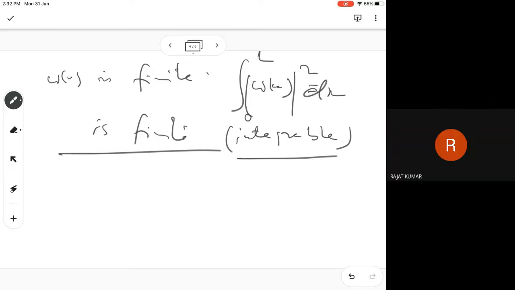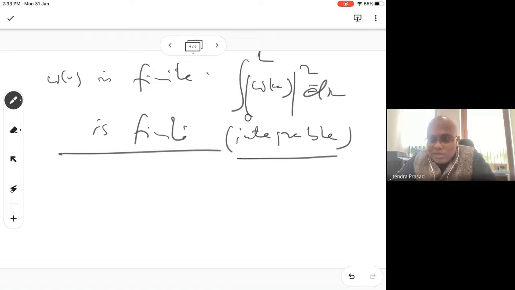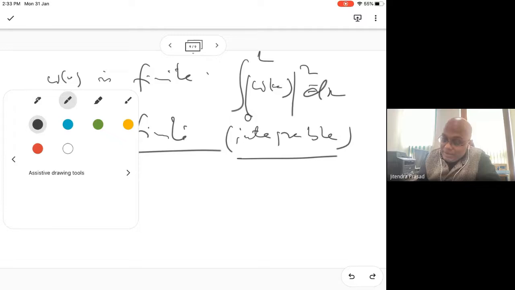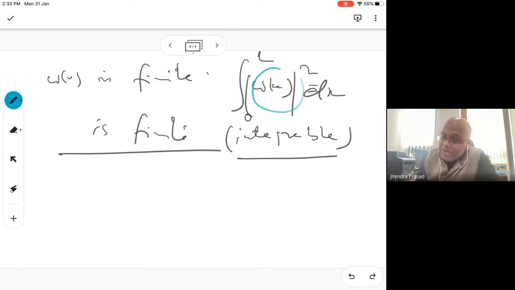Within the limits. It's not possible that this is infinite in between, and you get the finite value. Is it possible? No, sir.